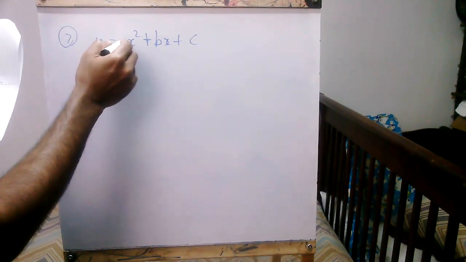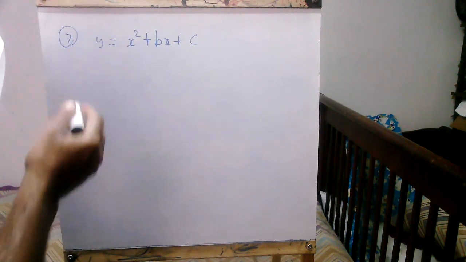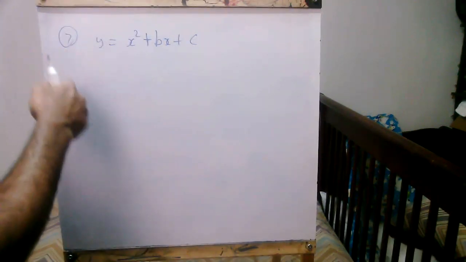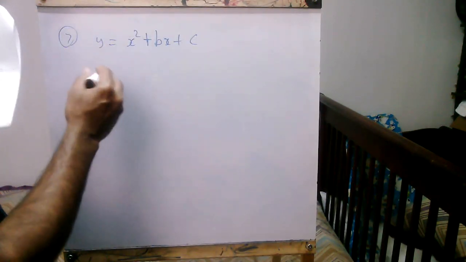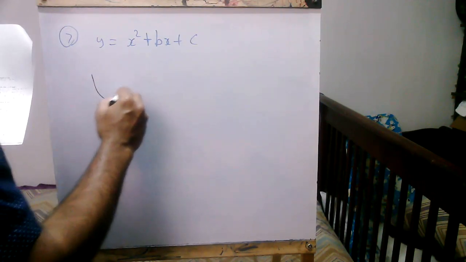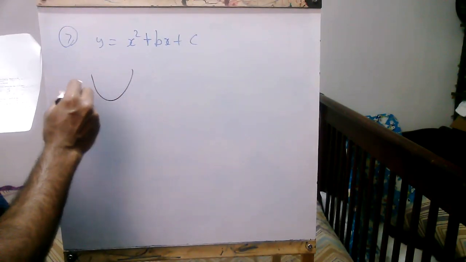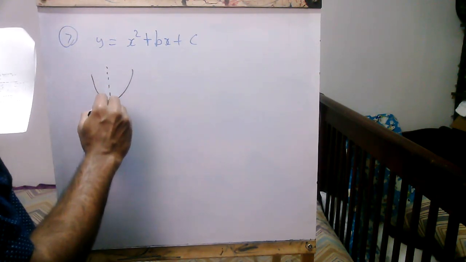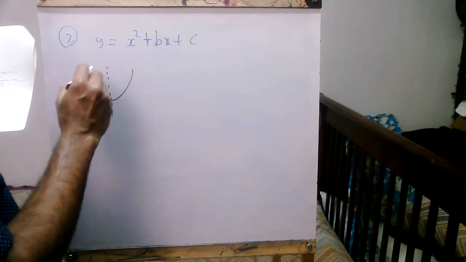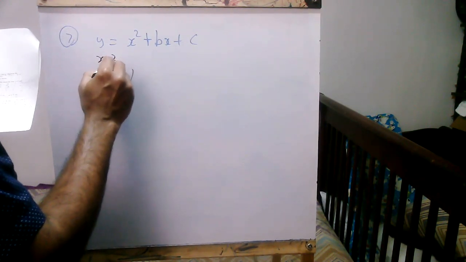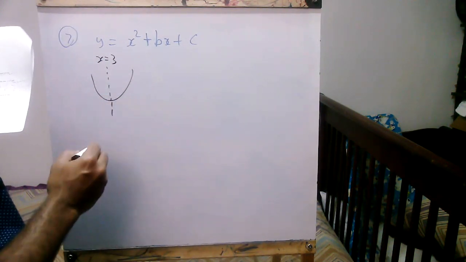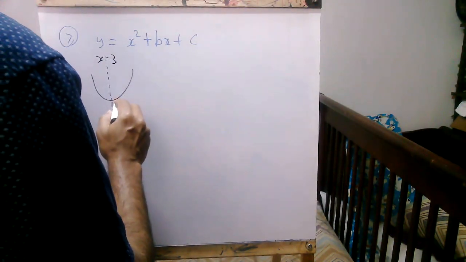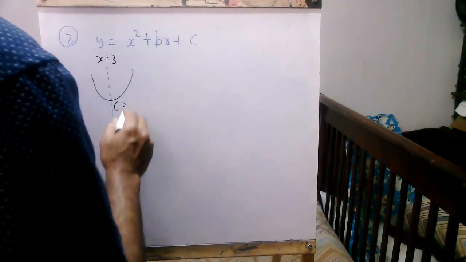The coefficient of x squared is 1, which is a positive number, positive 1. Therefore, it opens upward, concave up. It's like this, and it's giving us the axis of symmetry. Symmetric about the line x equal to 3. Right, that means the x coordinate here is 3.